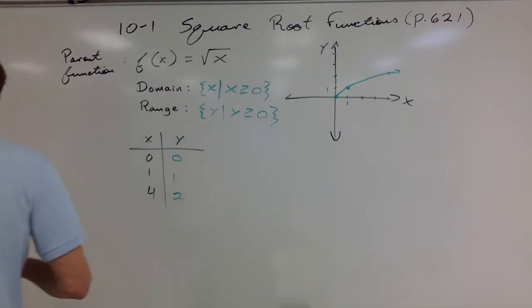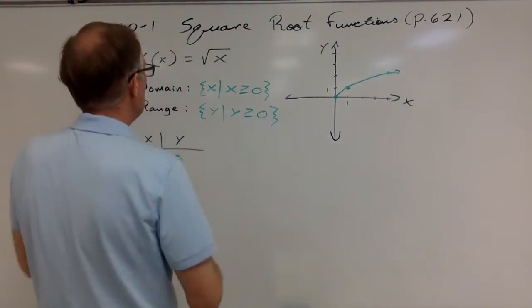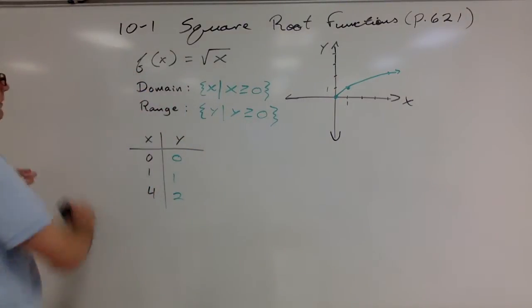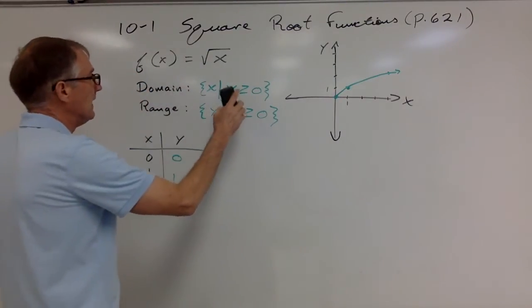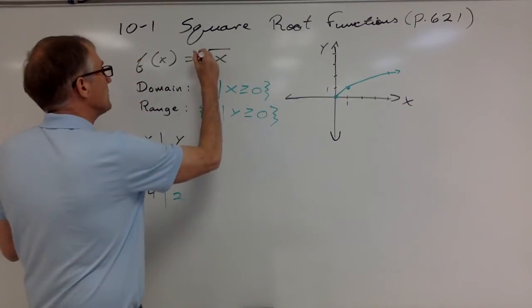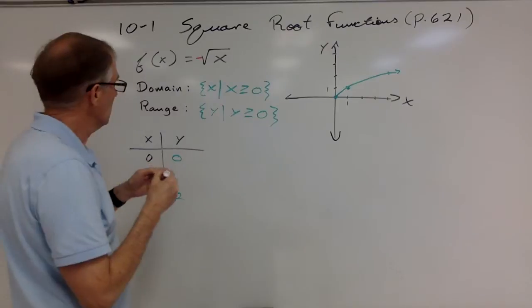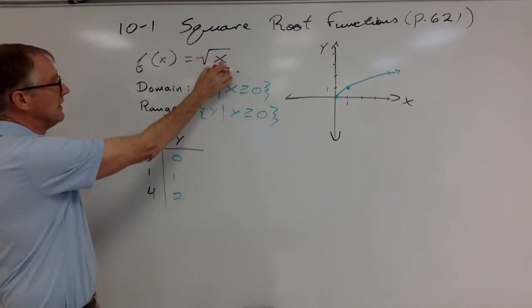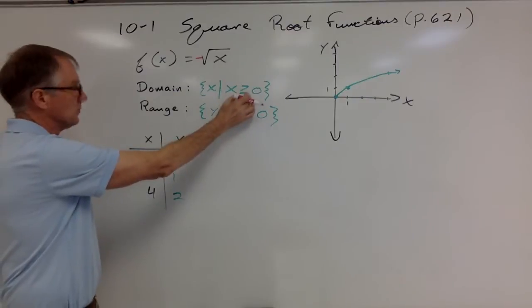Let me get a different color. I'm back. Let's change this from the parent function. If I had, say, put a negative sign in front of this, then x still has to be positive values, because you can't take the square root of a negative number. So that's still true.